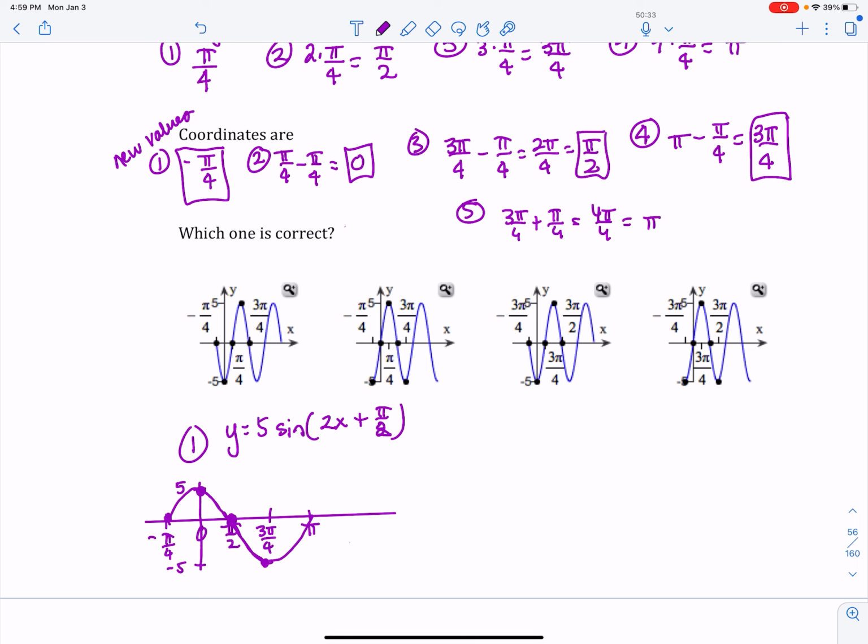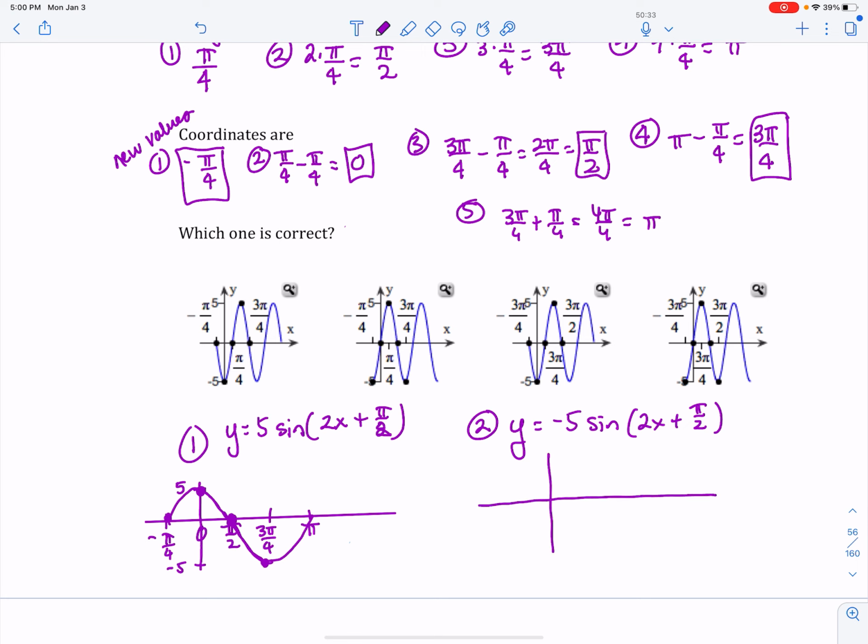Alright, so now that I have that graph, it should be pretty easy for me to graph y equals negative 5 sine of 2x plus pi over 2. All I have to do is multiply all those values that I got. And when I mean multiply all the values, I mean multiply all the y values by negative 1. And that'll give me my values because it's negative 5. So that means everything gets flipped over the x-axis.